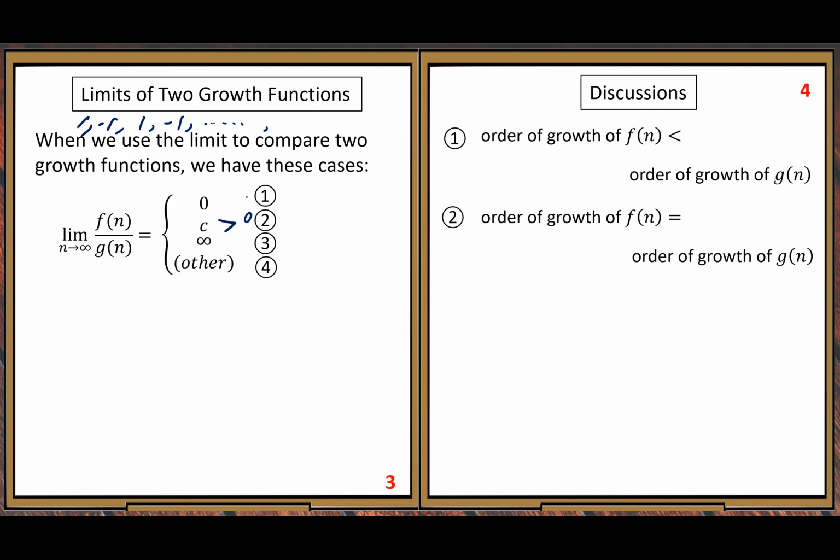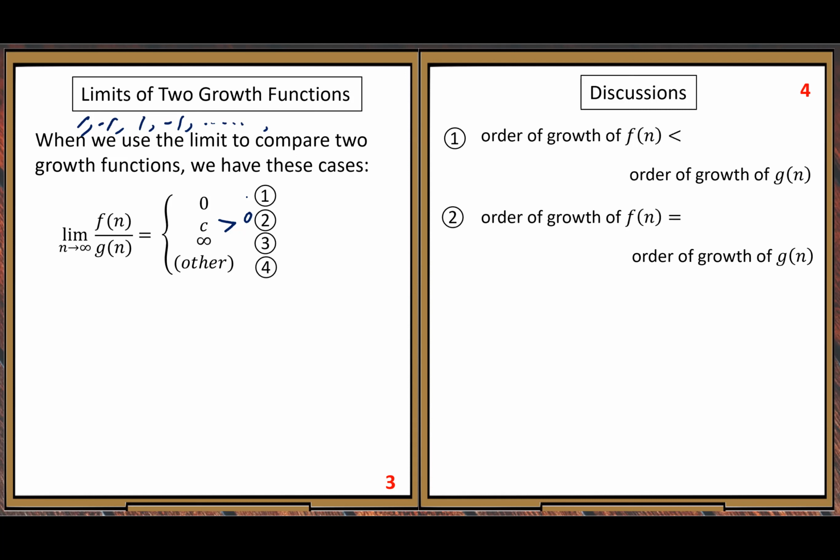For case number 2, if the limit of the ratio is a positive constant, no matter what the number is, 0.1 or 0.00001, the value of c doesn't matter. We will say these two functions have the same order of growth.